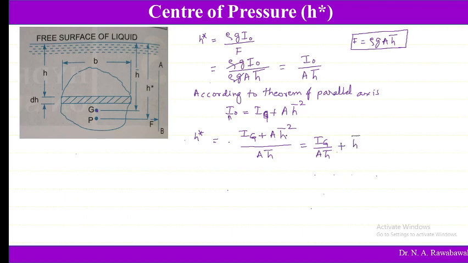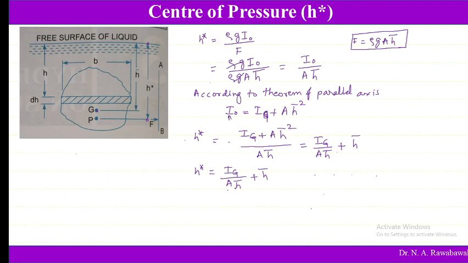A gets cancelled, h bar gets cancelled, only one h bar is going to remain. So this H star is nothing but the center of pressure, or it is the distance of the center of pressure from the free surface. So that is given as Ig divided by A h bar plus h bar.